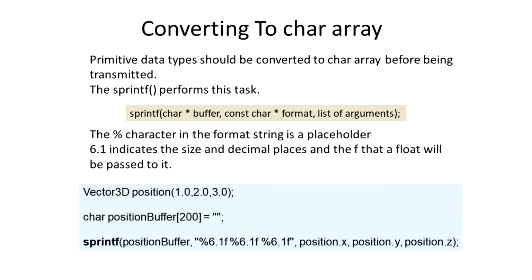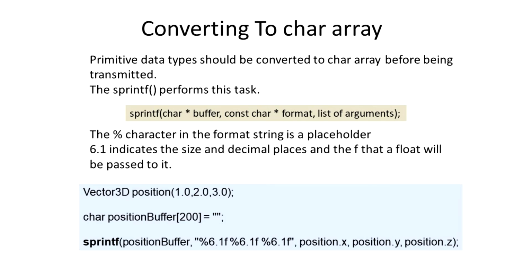But here we're going to cast it ourselves. We've got a function which can do this for us. We've got sprintf here, which takes the char array, the destination array, what it's supposed to be converted to in order to send it as part of the sendto function.